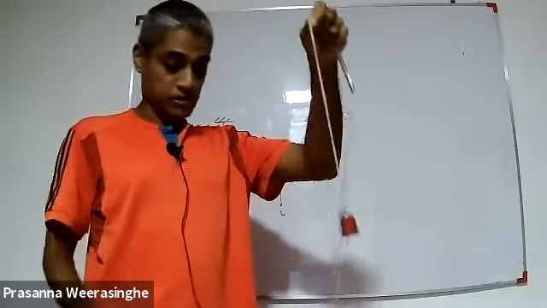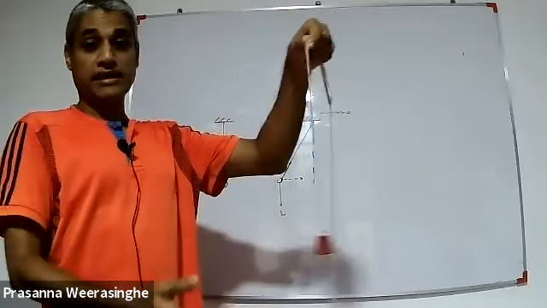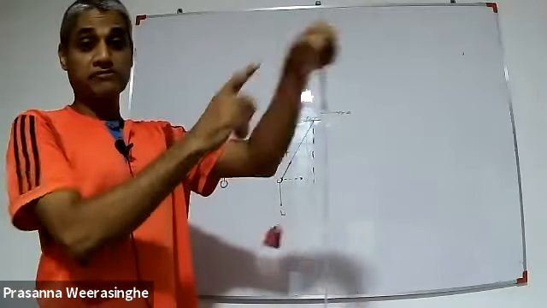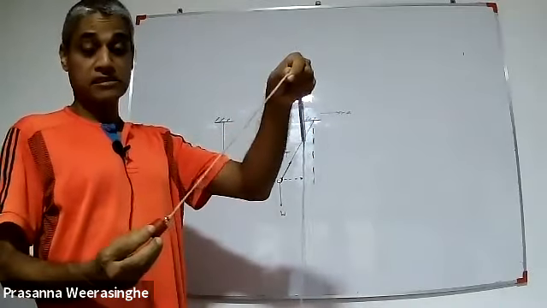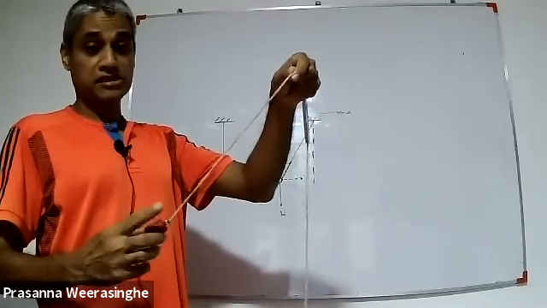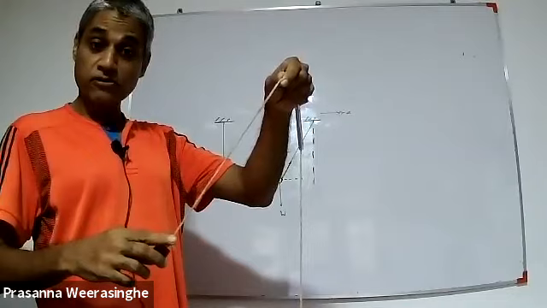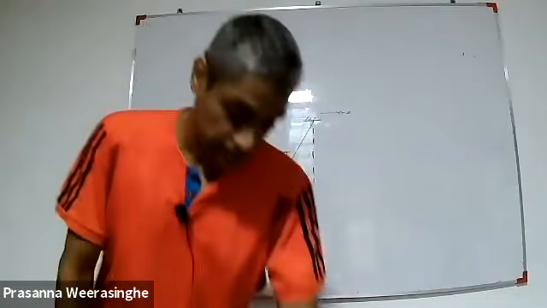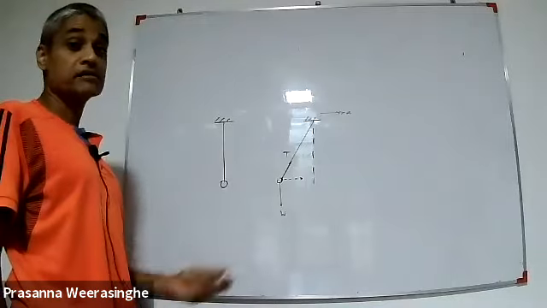You hang this or you hold this, and you will see as I accelerate from this point, if I accelerate this way, it takes the position like this, with the tension giving the resultant force, a component of the tension. So now we are learning about how components are providing the resultant force.